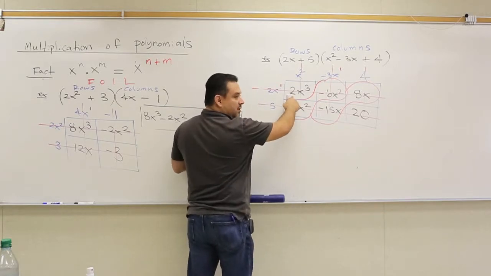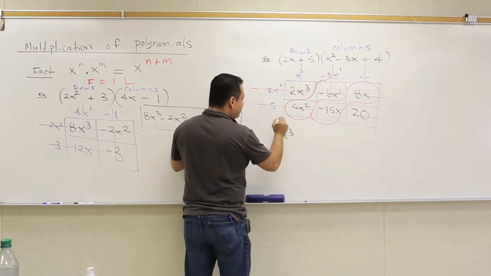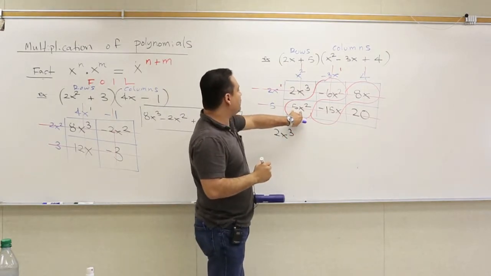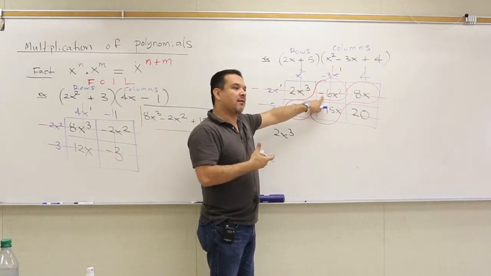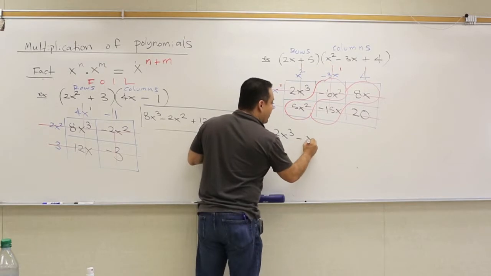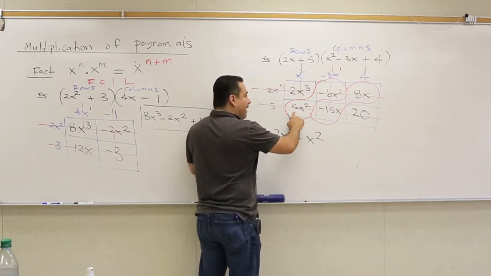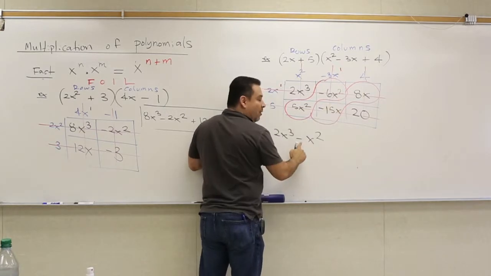I'm going to write this in descending order again. 2x cubed. What's 5x squared and a negative 6x squared when I add them? Negative x squared. Is that right? If I have 5 apples, but I owe 6 apples, don't I end up owing an apple?